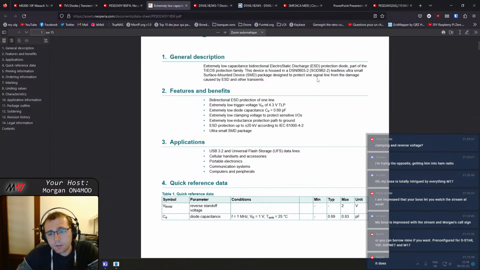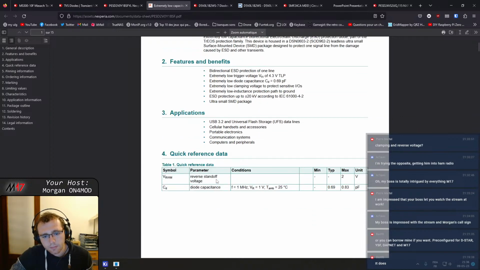Okay, designed to protect one signal line from the damage caused by ESD and other transients. USB data lines. That's not exactly what we are trying to protect, but doesn't matter.